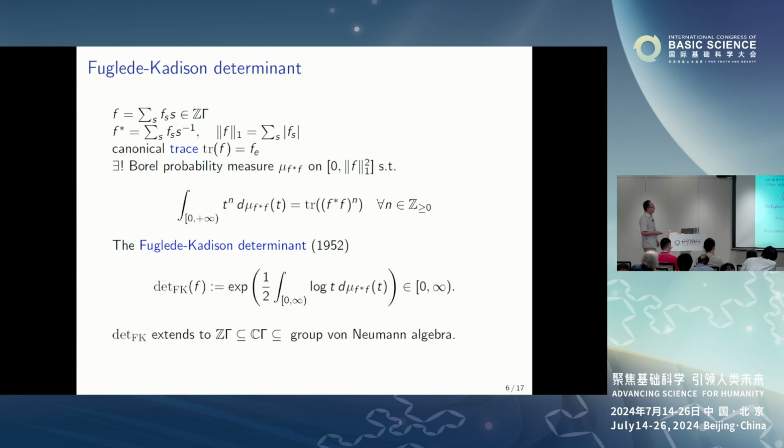Because here I'm using f star f, I have to normalize it back by dividing by 2. Then we take the exponential. It turns out that this number is always finite and non-negative.